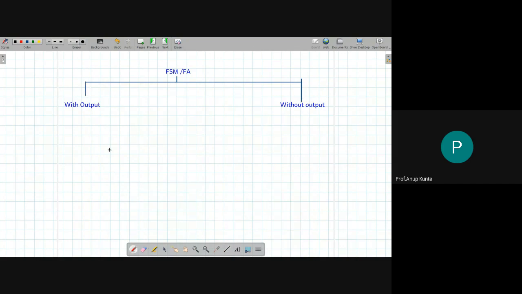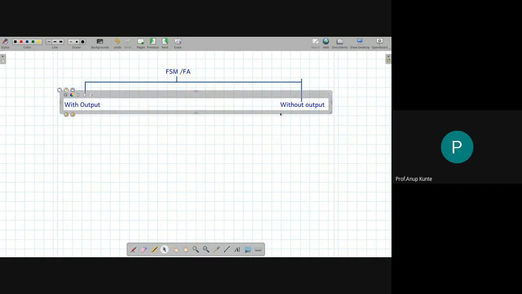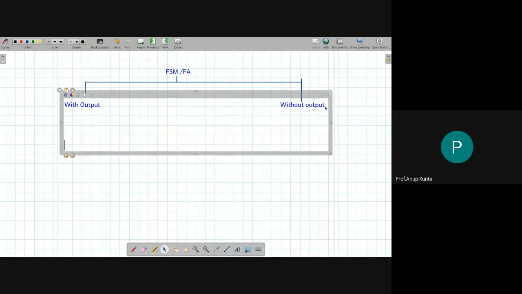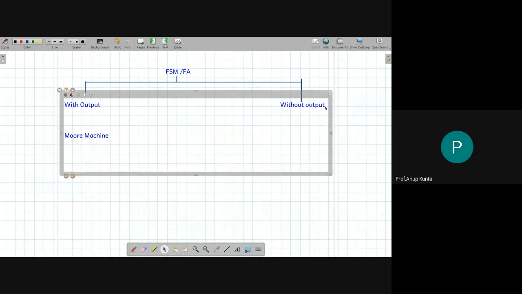Fine. Now, as you go ahead, in this category, with output, there are two machines. One is called the Moore machine. A strange name, but we'll come to know why it is so.